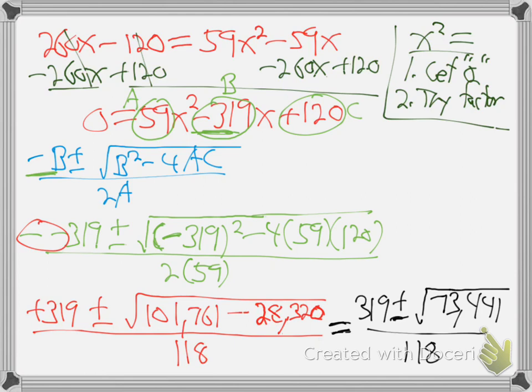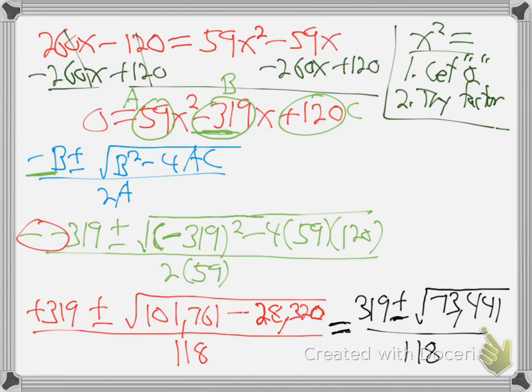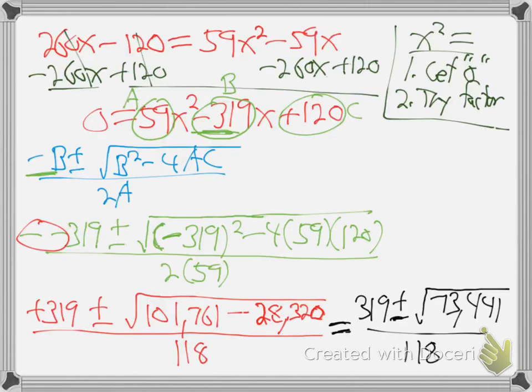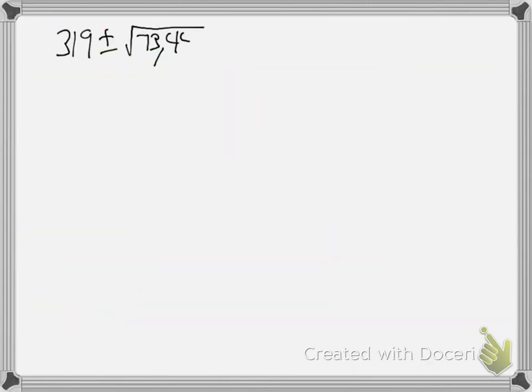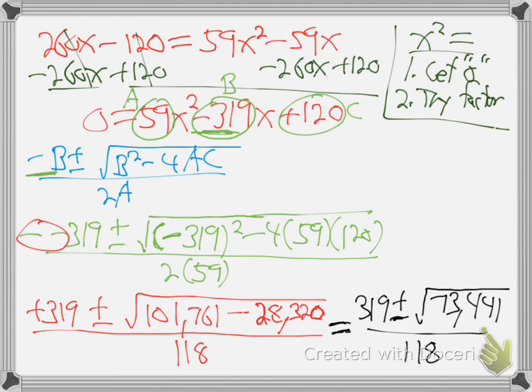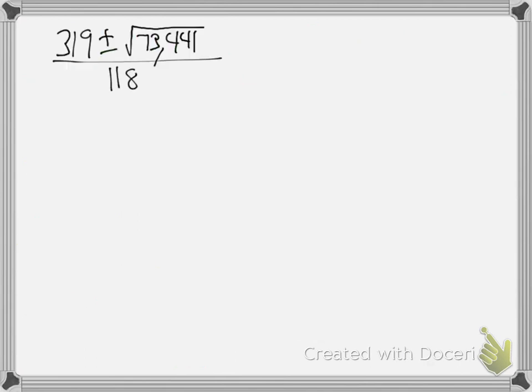All right, another screen. Kind of messing this thing up here. Okay, 319 plus or minus the square root of 73,441 over 118.